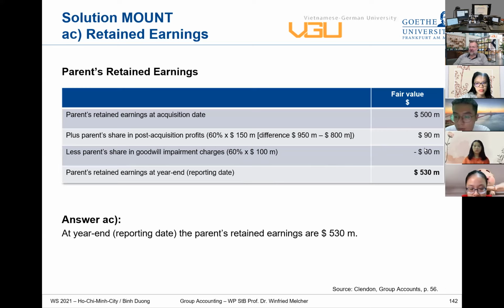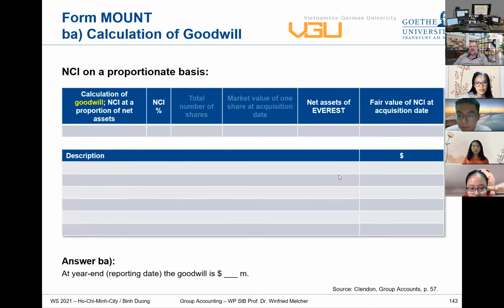So the other 60 million will be debited or subtracted from the parent's retained earnings. So in the end, at the reporting date, the parent retained earnings are 530 million. Question? No, I think that's clear.